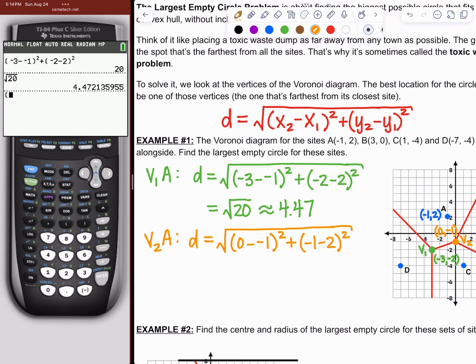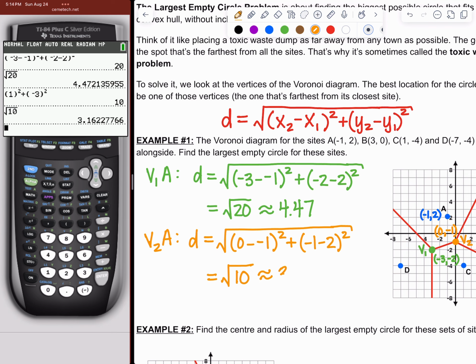All right, so we know that 0 minus -1 is a +1. So that's 1 squared plus -3 squared. So that's the square root of 10. And the square root of 10 is approximately 3.16.